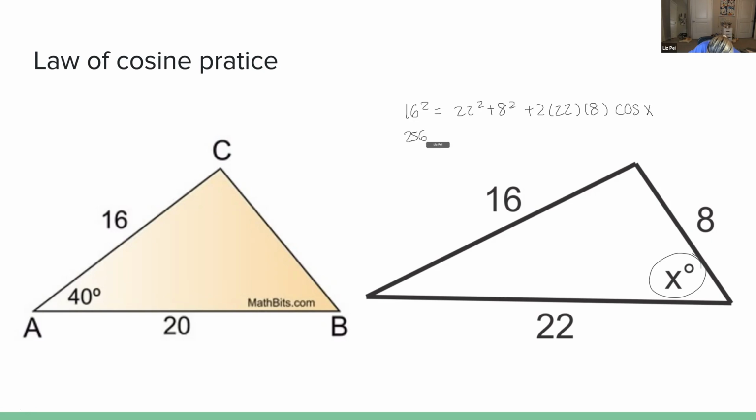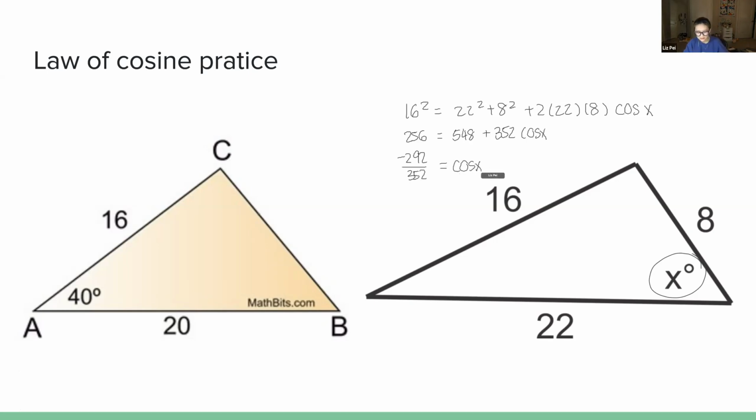So this will be 256 equals 548 minus 2 times 22 times 8, which is 352, times cosine x. Then you subtract the 548, so it'll be 256 minus 548, which is negative 292, over 352 equals cosine x.